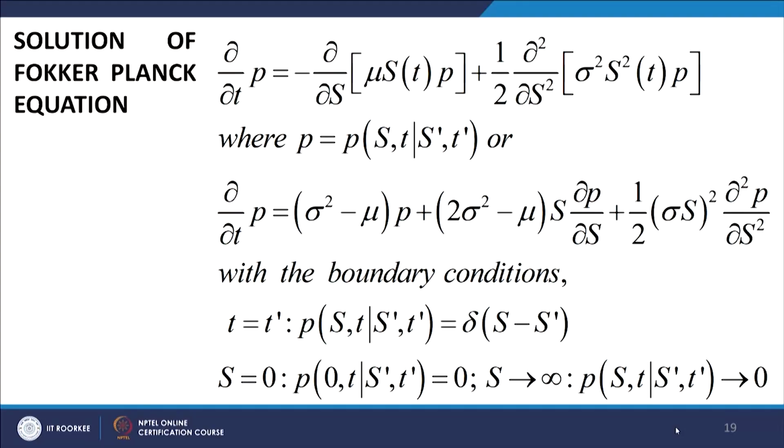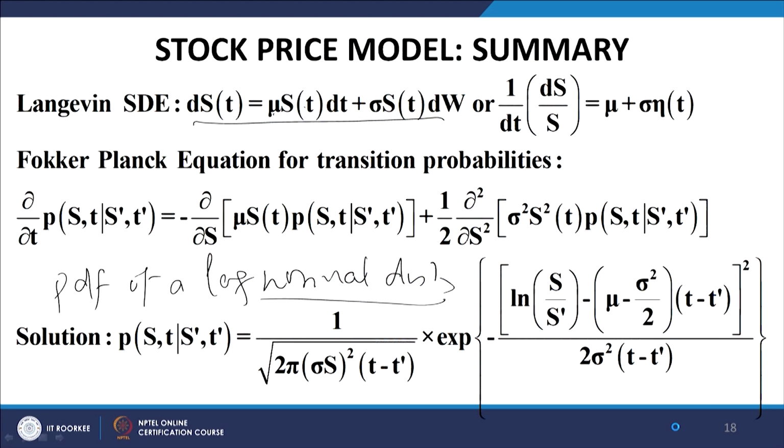How to solve this Fokker-Planck equation? Well, it is solved by a transformation of variables, which enables us to transform this equation to a diffusion equation, and the diffusion equation we have already solved earlier. We can use Fourier transform for solving the diffusion equation and arrive at this particular solution of the Fokker-Planck equation.